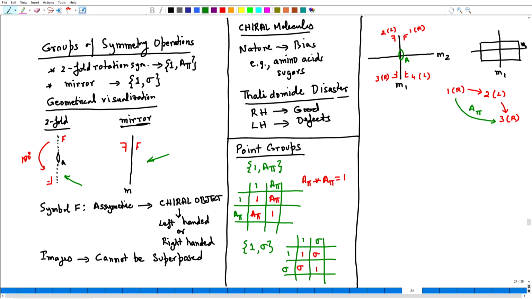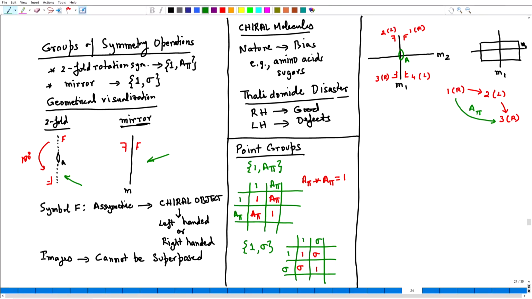This tells me that if there are two symmetry operations working, when we combine them, that should generate a third operation, and that is how one forms a group. When two elements of a group are combined through a binary operation, a third element comes which should also be a member of the group.